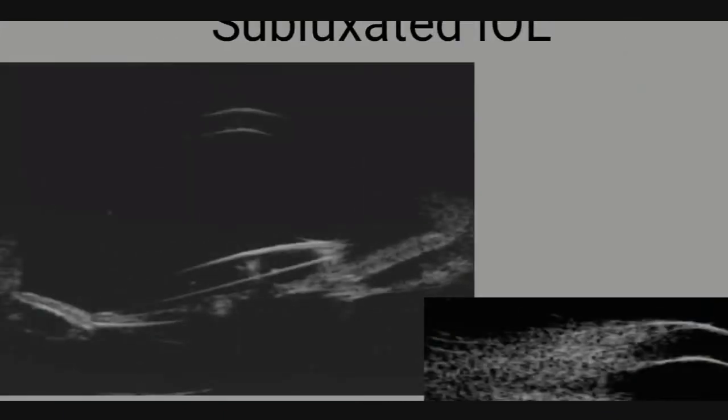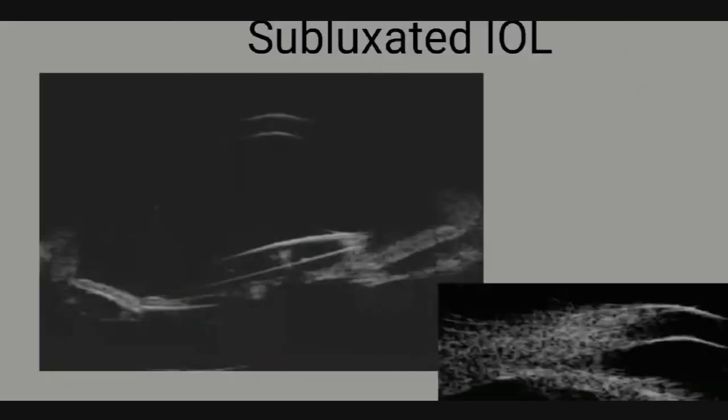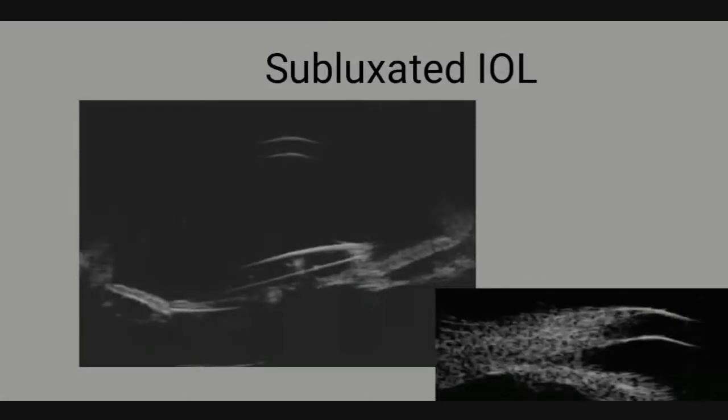This image is for the cases of subluxated IOL. You can see how the IOL is. You remember the first image where I showed the IOL central scan? And see, this is the subluxated IOL. Here it is an anteriorly subluxated IOL. Okay, and here it is a posteriorly subluxated IOL.